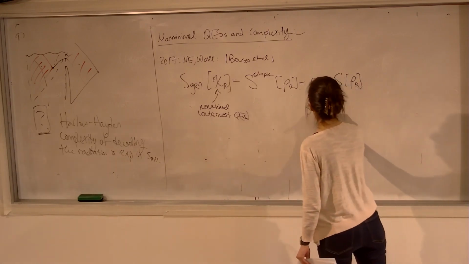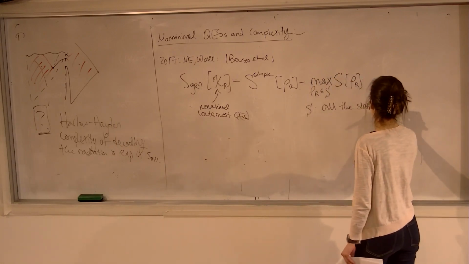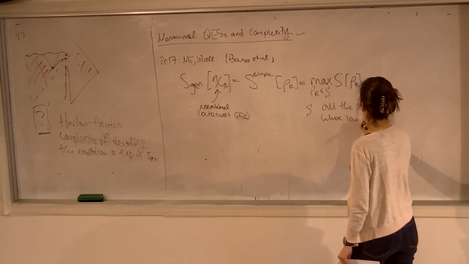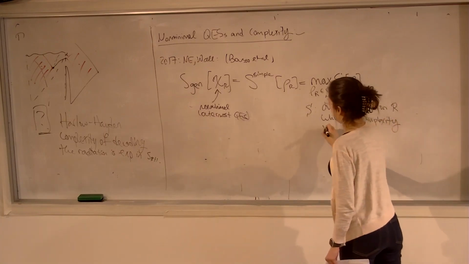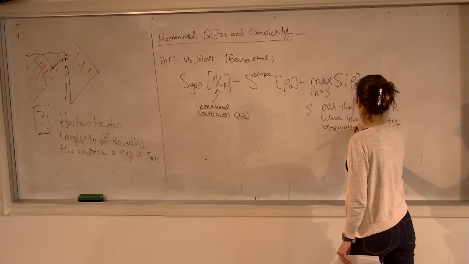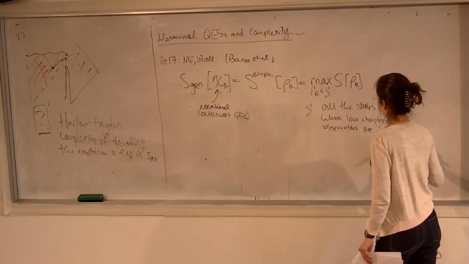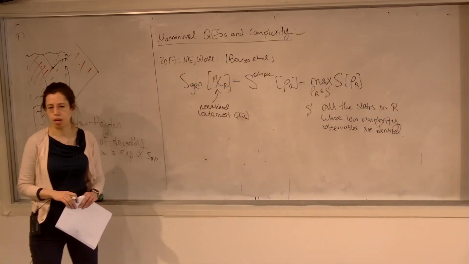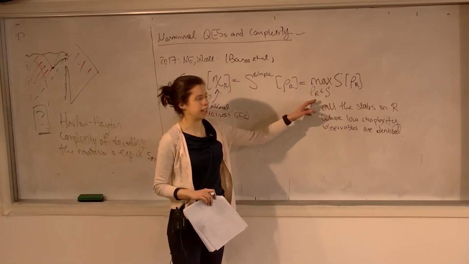These are all the density matrices on R whose low complexity observables are identical. I mean low complexity in that sense. Basically, if you didn't have the ability to compute high complexity observables, then all of these states would look identical to you.